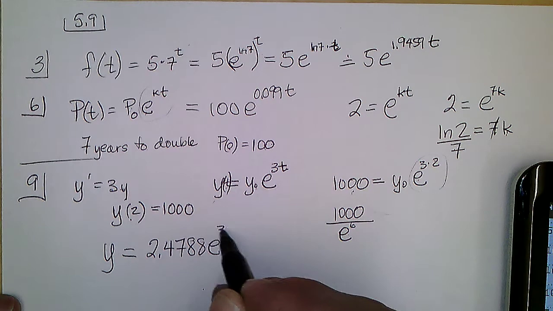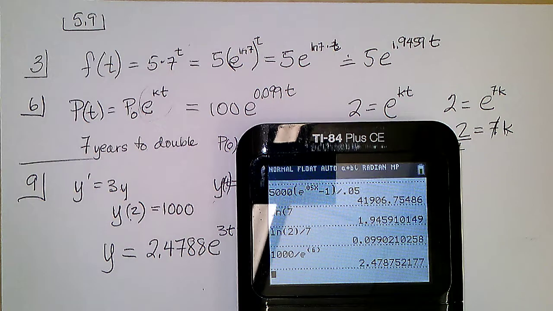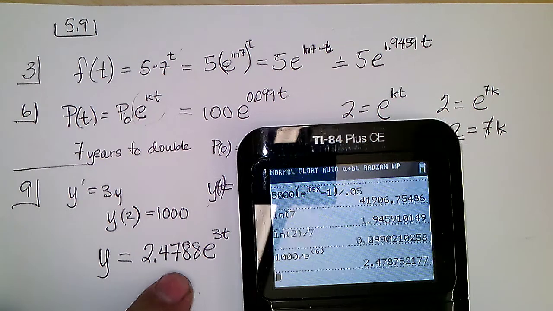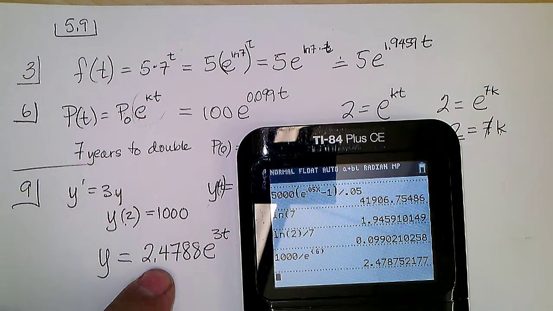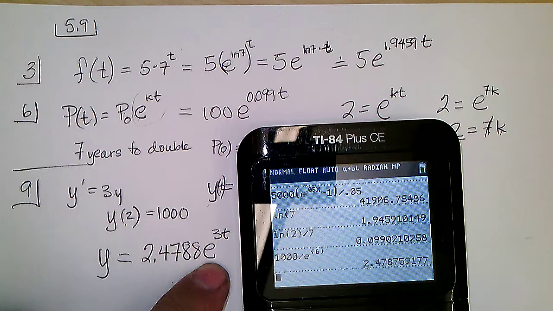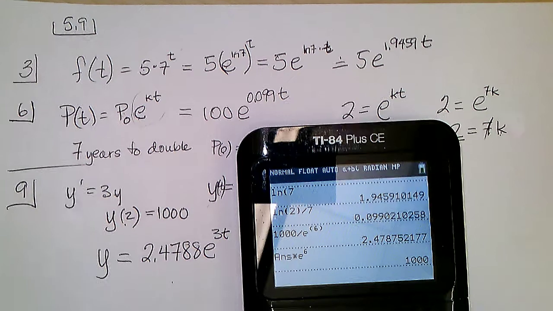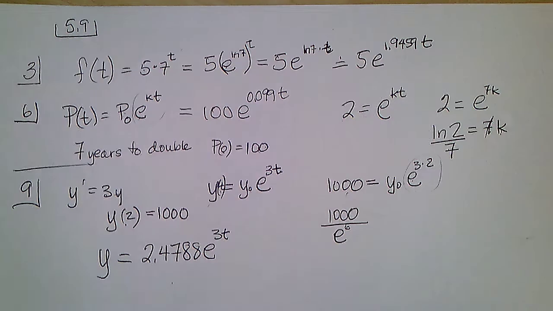e to the 3t. Now let's just check and see if this comes out to be 1,000 when t is 2. So that number times e to the 6 is 1,000. I mean, that's how it would have to work.